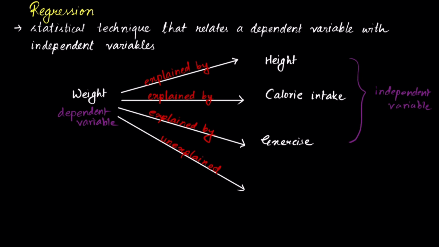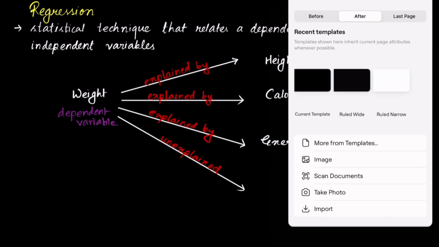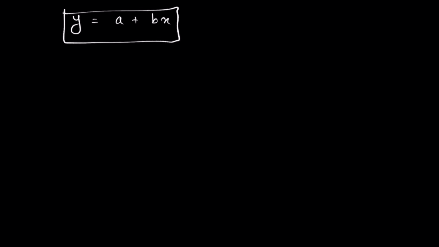Mathematically, regression is represented by the equation y equals a plus bx, which is similar to the equation y equals mx plus c from school days. So in this particular equation, y represents your dependent variable, like weight in the previous example.